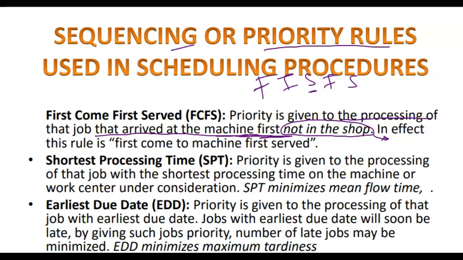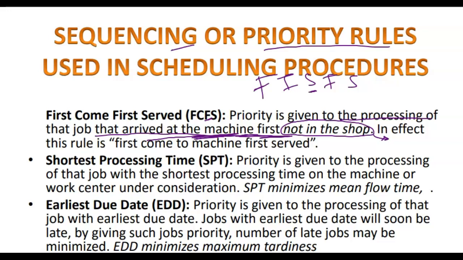The system we are referring to here is talking about your shop, your workstation. It's talking about your workshop. So the job that got to the shop first will be given priority. While first come first serve is talking about the job that got to the machine first will be given priority.